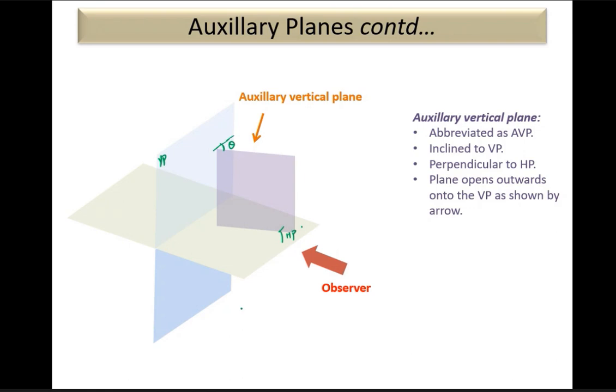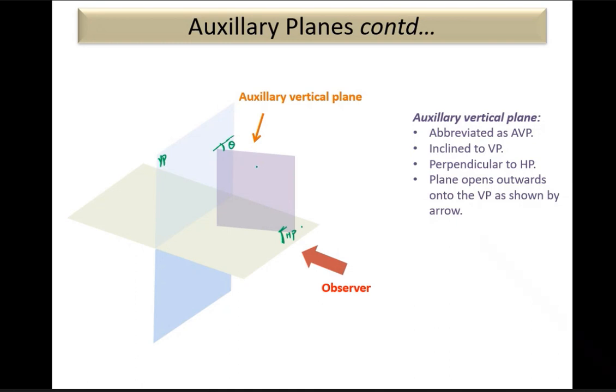Okay. Is it clear? Yes, sir. Okay. So right now you're not able to see the importance of this. In some cases, our geometry is inclined in such a way that these planes are able to project it properly.